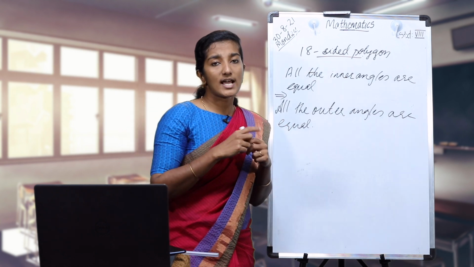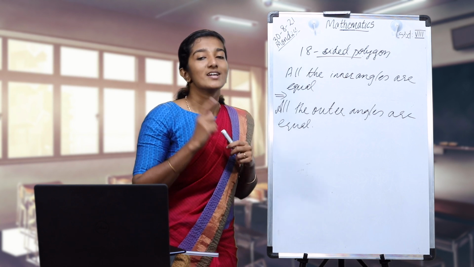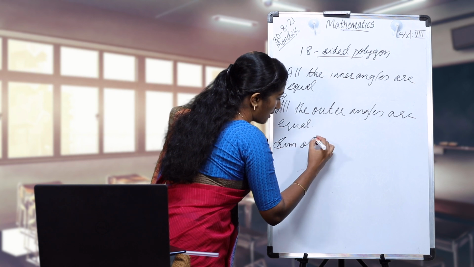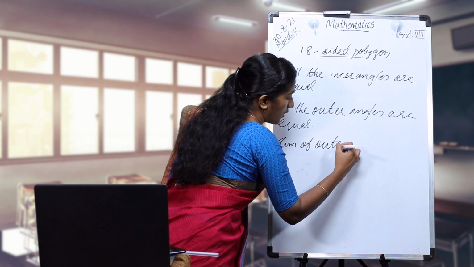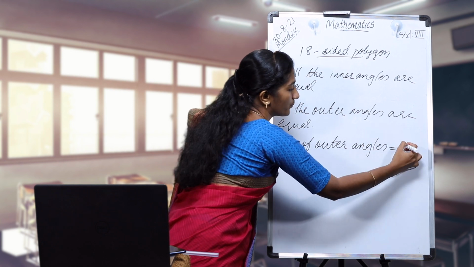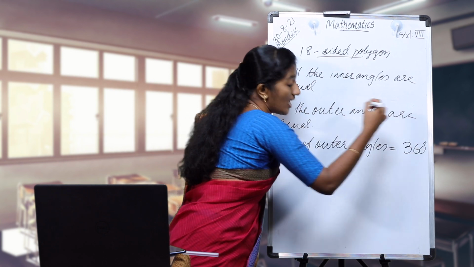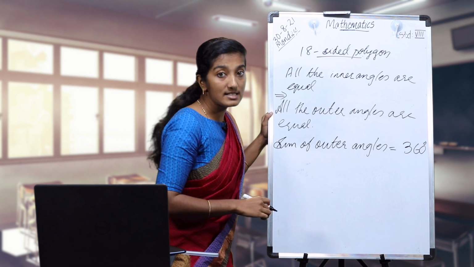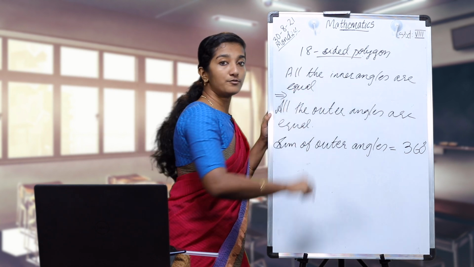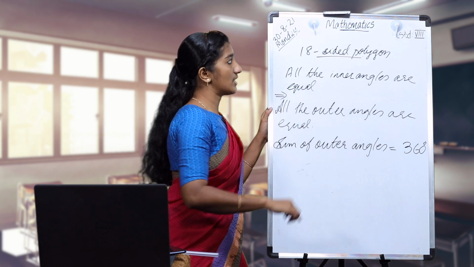What is the sum of outer angles of a polygon? Very good. It is 360 degrees. Here the sum of outer angles is equal to 360 degrees, all these outer angles are equal, and the number of sides is 18.